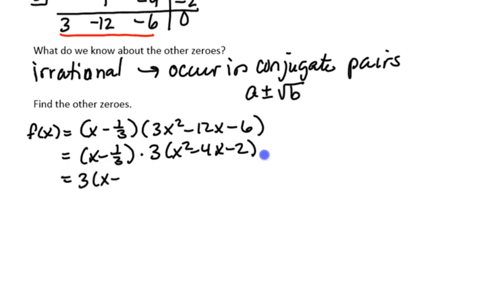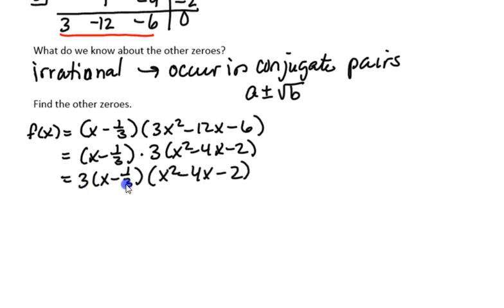So now it looks like this. And I told you before that if I were to factor this into two other linear factors, the -1/3 times the other two zeros would have to multiply to give me 2/3, because then times 3 would give me the 2 for my y-intercept.